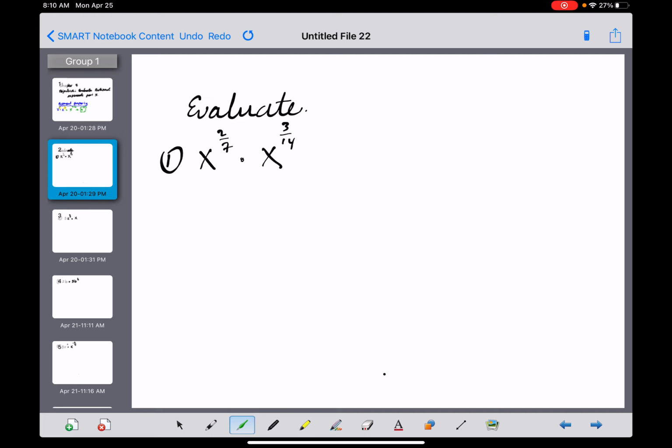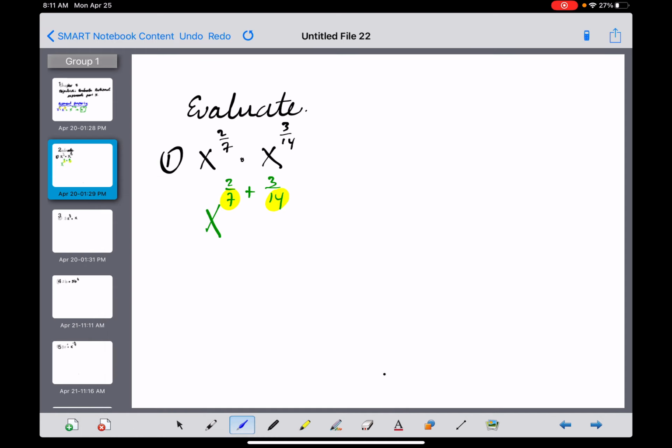Okay, so let's look at these problems right here. These are fractional exponents. When we add or subtract fractions, we need to have the same denominator, right? So this one is x to the 2 over 7 plus 3 over 14. Notice the denominators are not the same, so we're going to make them the same.